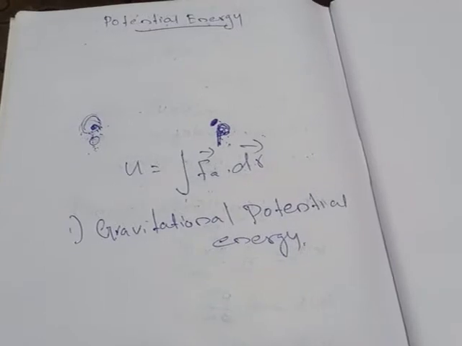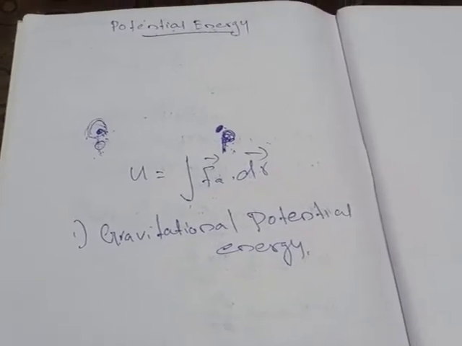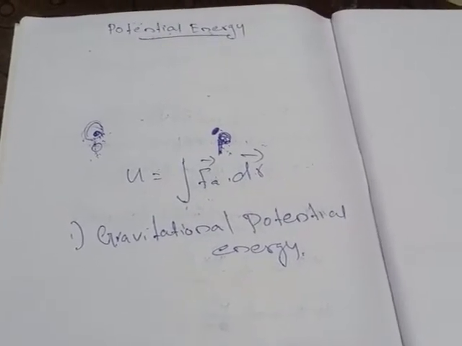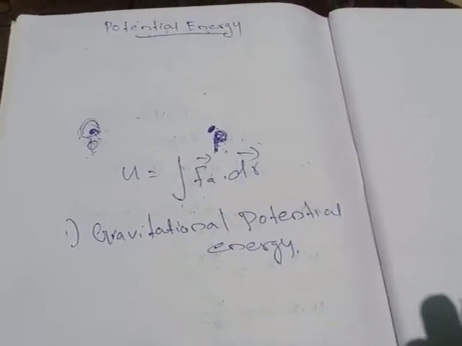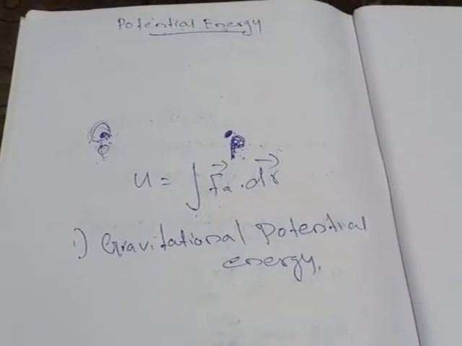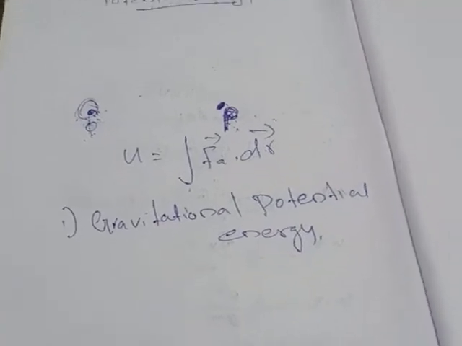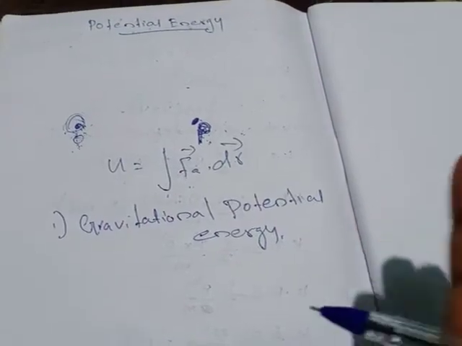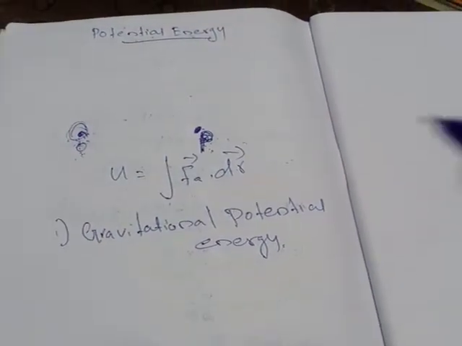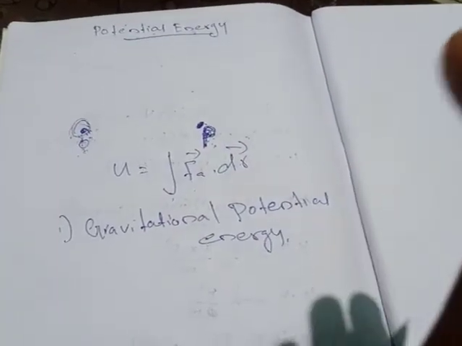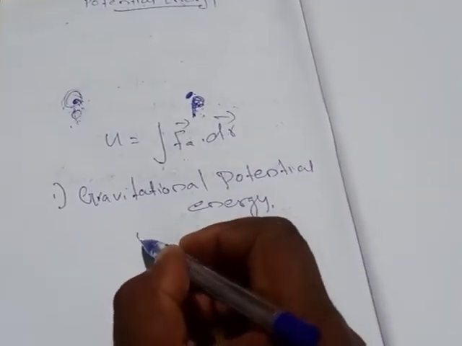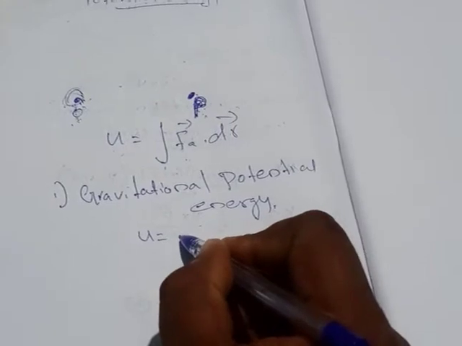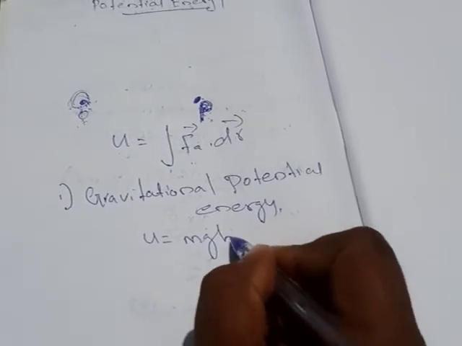The energy possessed by a body due to the gravitational force gives rise to gravitational potential energy. Against this gravitational force, we lift an object upward and place it there, so it possesses gravitational potential energy, and the equation we use is U is equal to mgh.